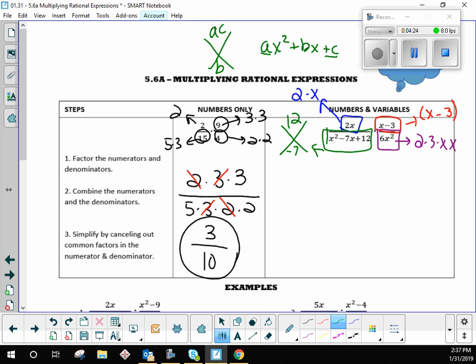What can you think of? That multiplies to 12 and adds to negative 7: negative 3, negative 4, right? What do we do with that? We rewrite the middle term. We split the middle term. So negative 7x becomes negative 3x, negative 4x, and then we bring down that 12 and that x squared.